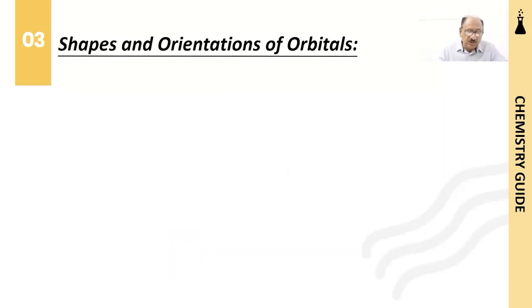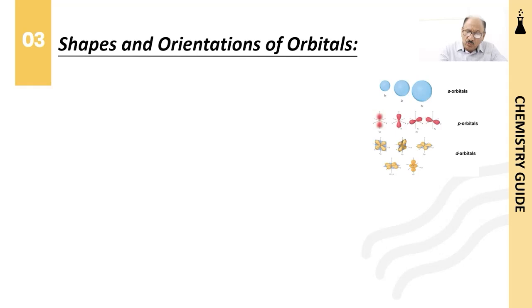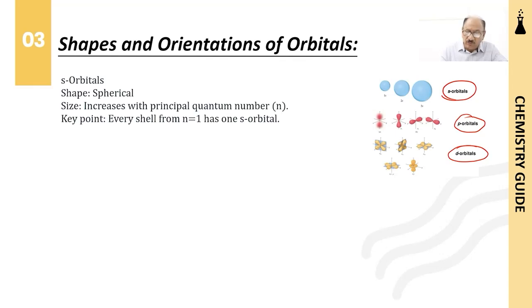Now, shapes and orientation of orbitals. As you know, s is a sphere shape, and p is a dumbbell shape, but it can be along the x-axis, y-axis, z-axis, and d is a complex shape, which is beyond the syllabus of A level. So the s orbital's shape is spherical, and size increases with the principal quantum number.